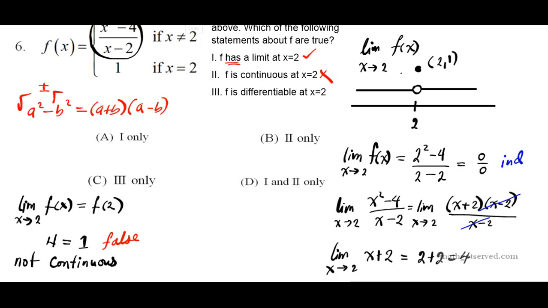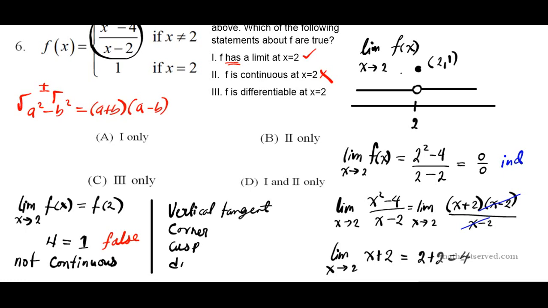A condition for differentiability is continuity. Remember, there are 4 cases where a function is not differentiable. We have a vertical tangent, a corner, or a cusp, or what?